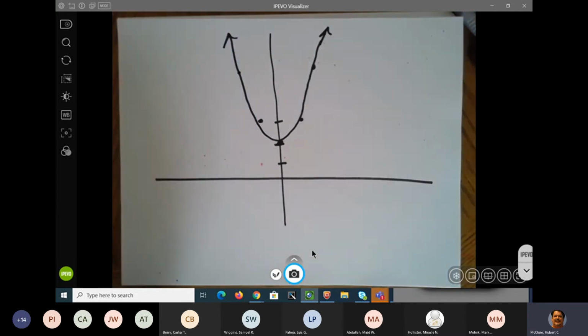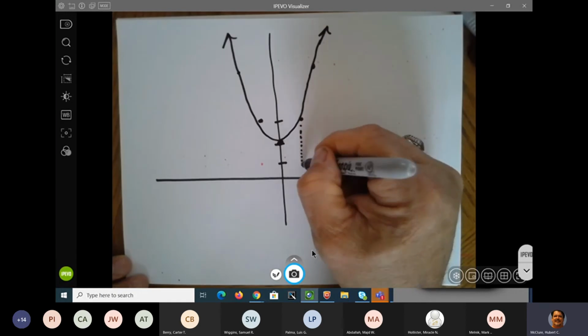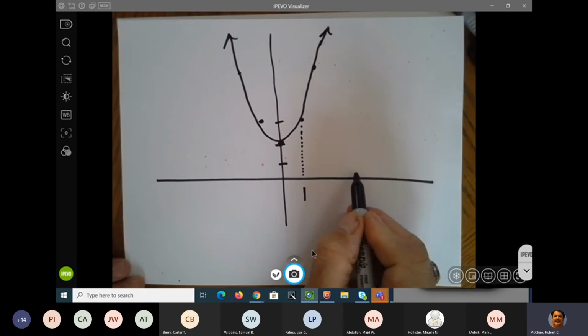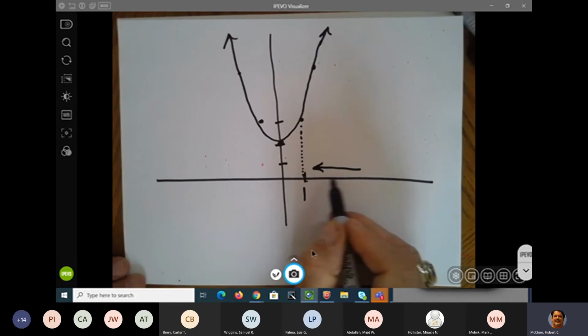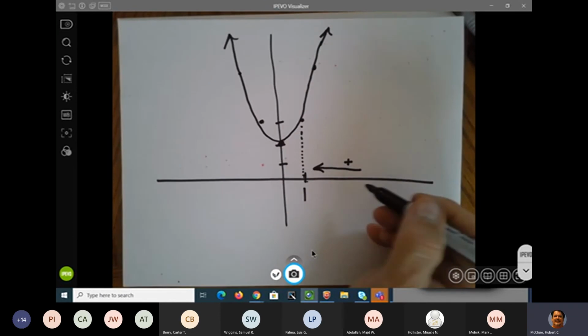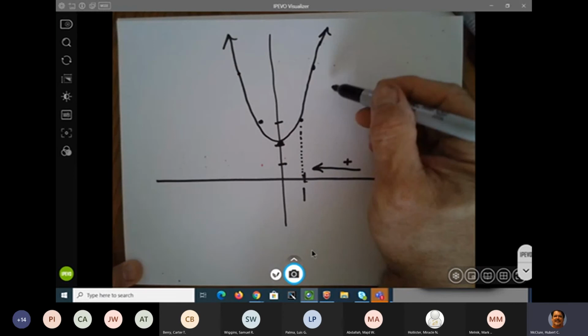Let's say that this is 1. If I approach 1 from the right-hand side, that would be positive. What am I approaching in the y direction?